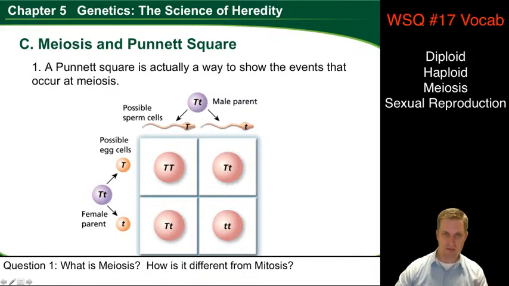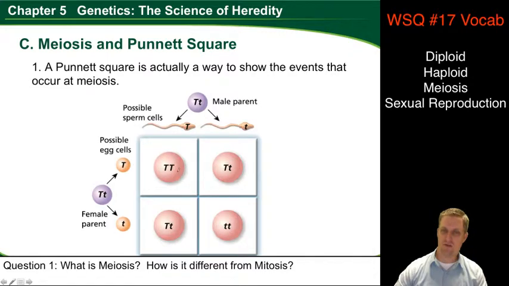So for example, let's say that we had the possible allele combination for fertilization. This would be capital T, lowercase t, capital T, lowercase t. Those are both heterozygous, so these would be hybrid organisms. And notice what can happen.